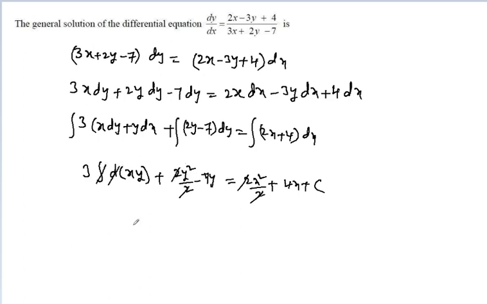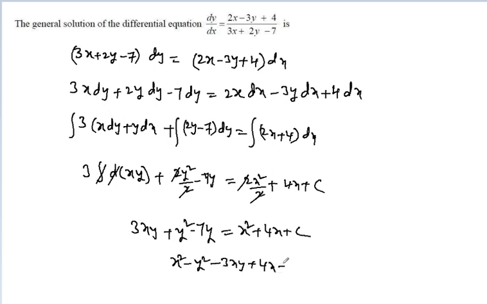Derivative integration cancel, that is equal to 3xy + y square - 7y = x square + 4x + c. From this, x square - y square - 3xy + 4x + 7y = c.